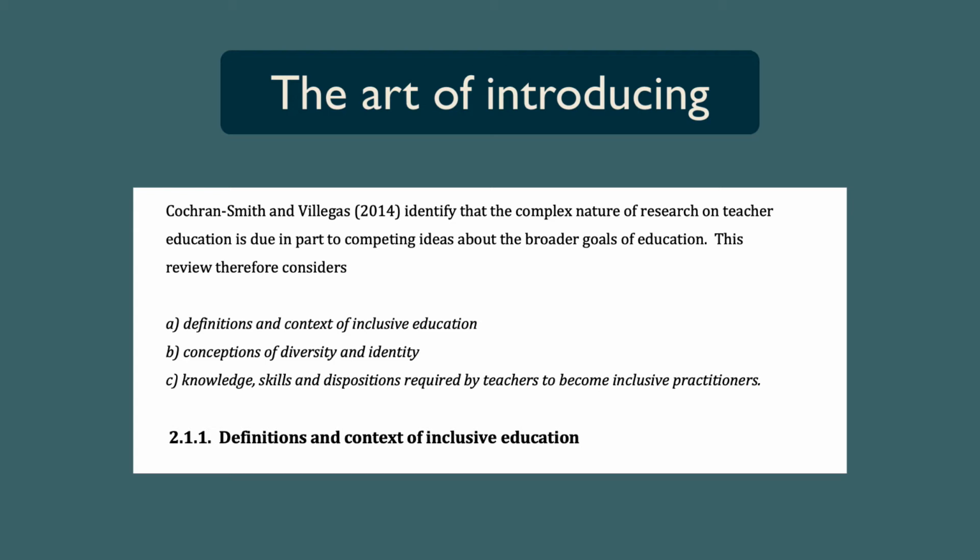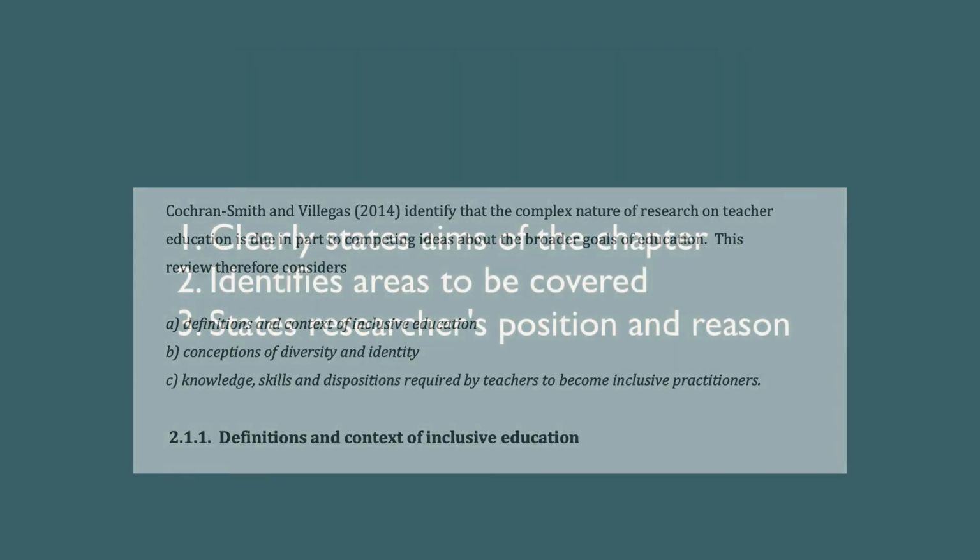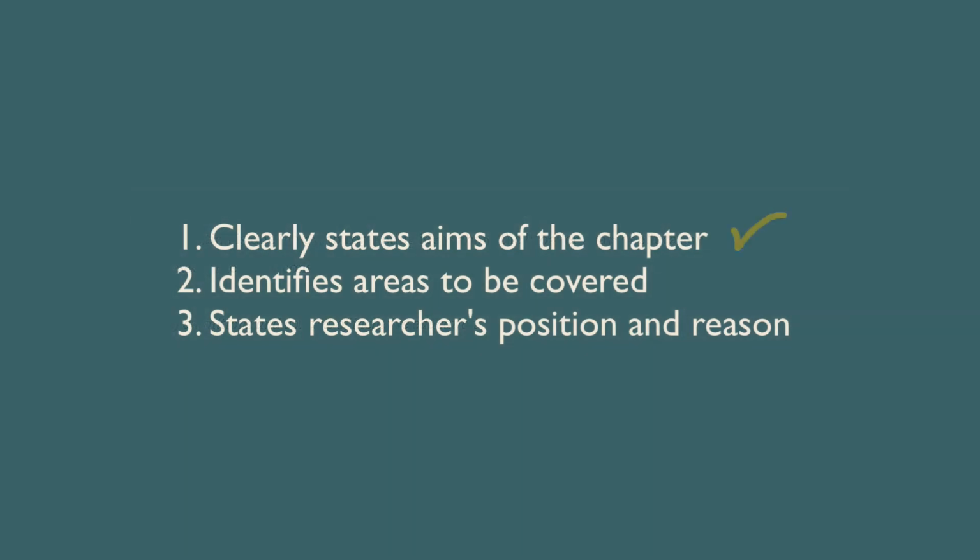So, in your reading, did you notice how this introduction sets out clearly for the reader the aims of the chapter, what to expect in this literature review, and also why? For some people, writing a chapter introduction first helps them to organise their thoughts and plan the chapter ahead.